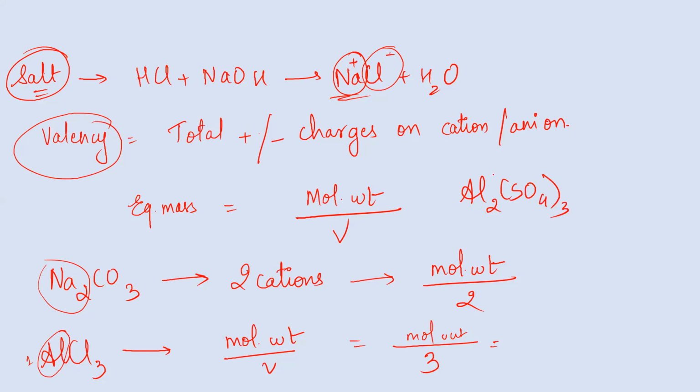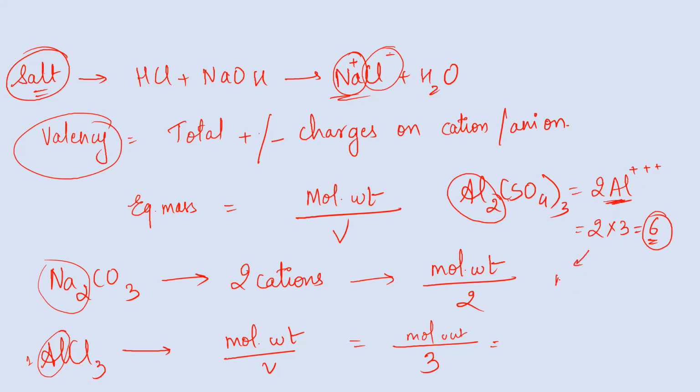Okay, now if I have something which is aluminium sulfate, then I have here 2 aluminium, and that has 3 charges. So 2 into 3 becomes 6. So this is the valency. What I have done, I have taken the product of number of cations. How many number of cations are there? 2 number of cations are there, multiplied by the charges on the cation.